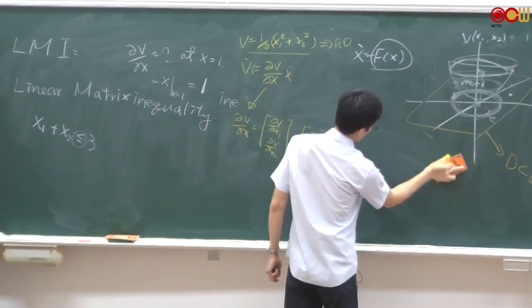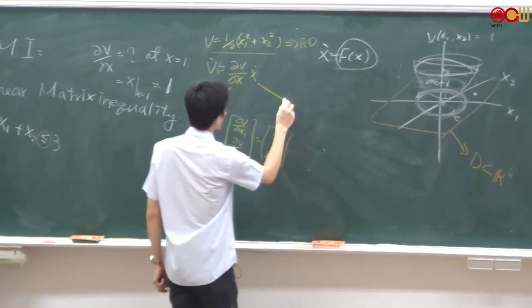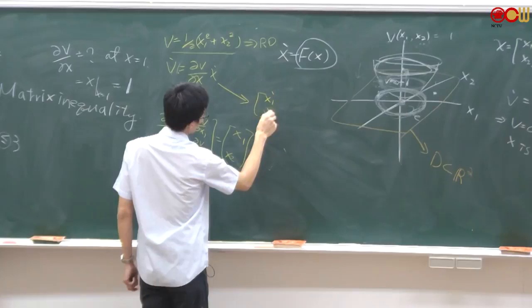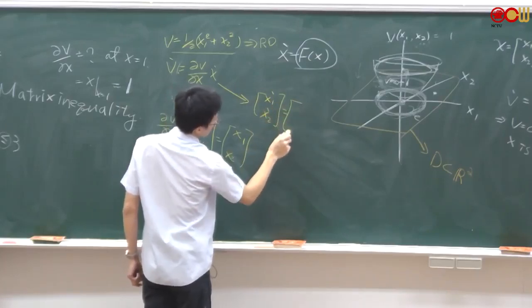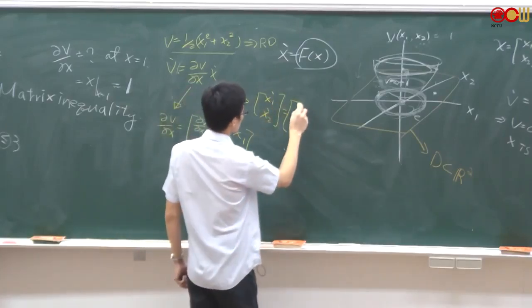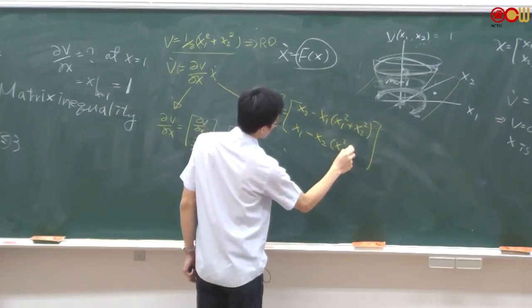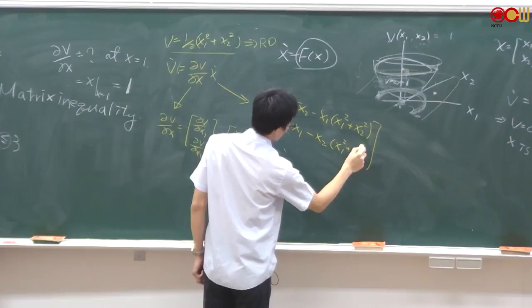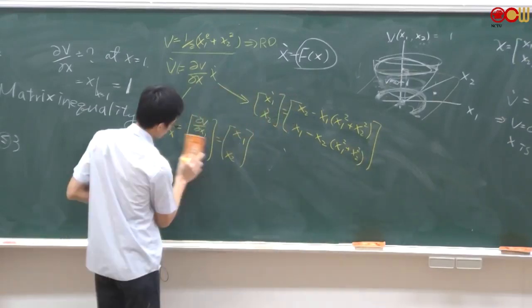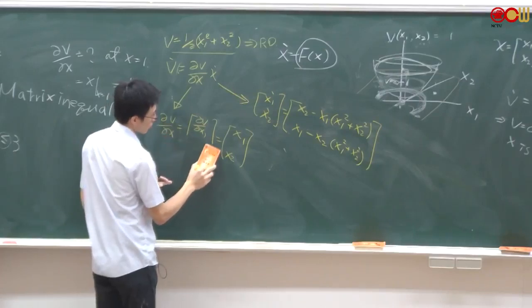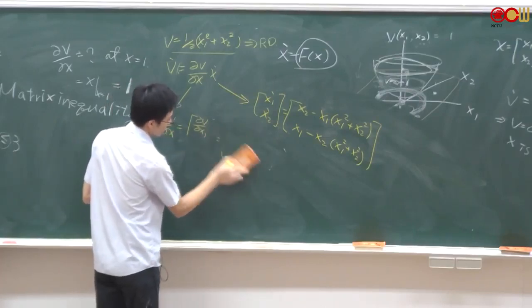Is that the dynamics? After you take the gradient, this will be a row vector, not a column vector.